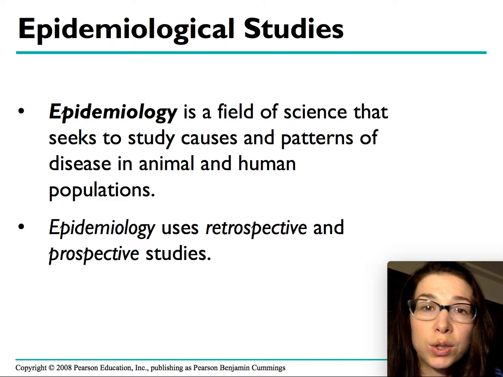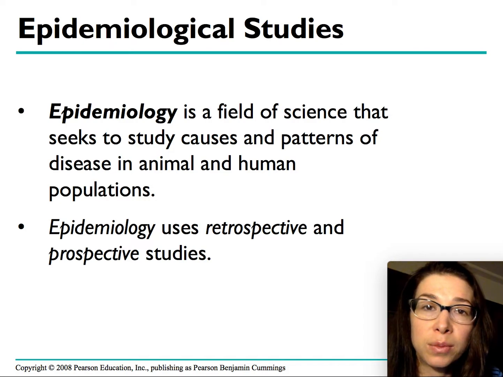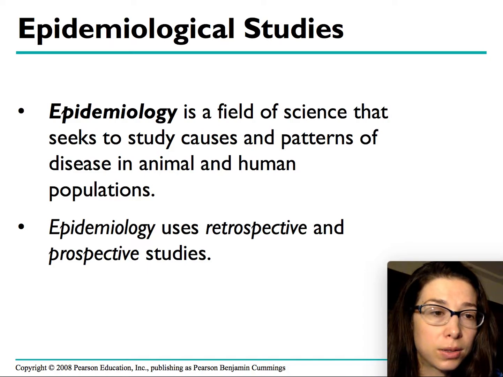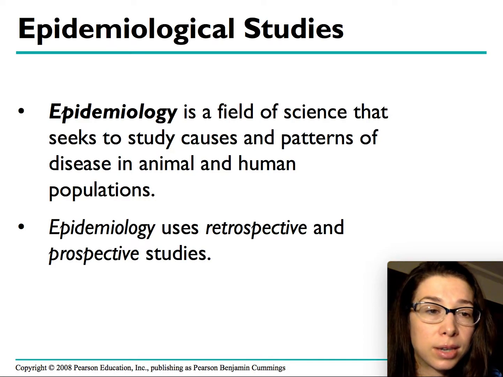So, if you're interested in the effect of lead on the population and you don't want to give people lead in a laboratory setting, but unfortunately, or fortunately for you as a scientist, there has been some exposure of lead in a community, you can go back and do an epidemiological study and study how this might have affected this population after the fact. So that would be a retrospective study, which would be one that is looking back on things that already happened.